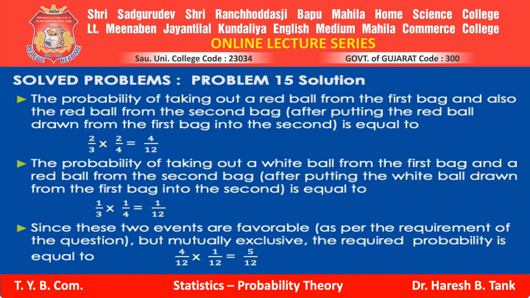Since these two events are favorable as per the requirement of the question but mutually exclusive, the required probability is 4 by 12 plus 1 by 12. The multiplication sign is faulty here. It should be added because they are mutually exclusive; for mutually exclusive events, the sum is to be taken. So 4 by 12 plus 1 by 12 becomes 5 by 12. Right?